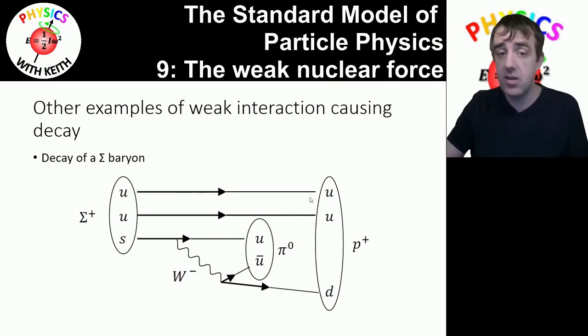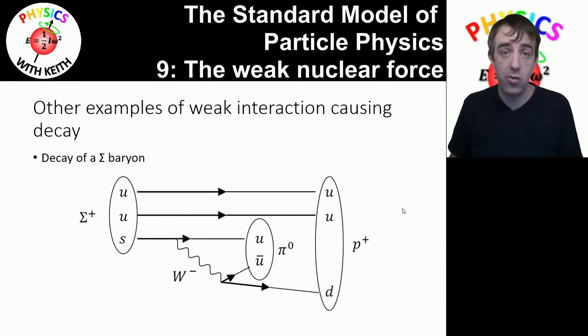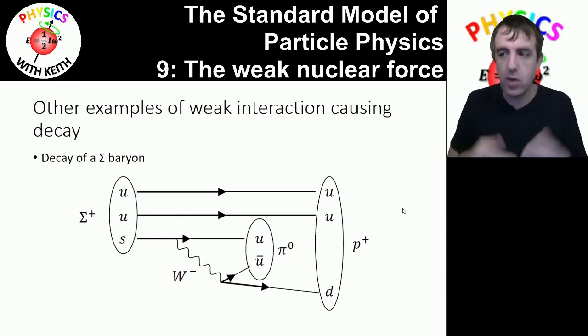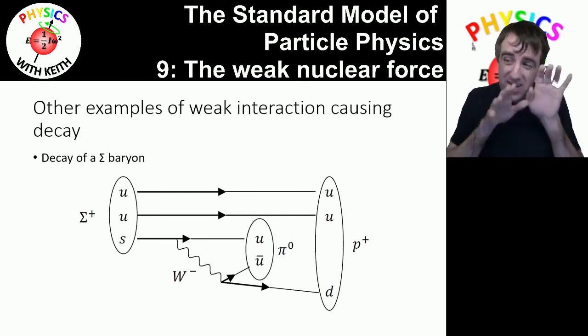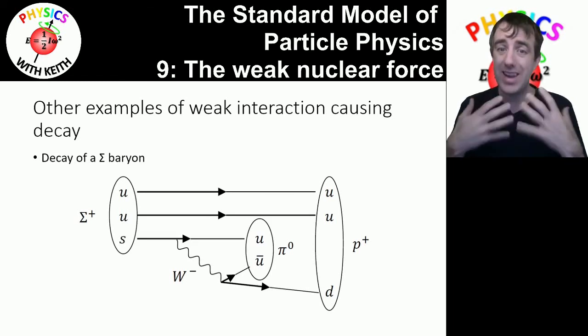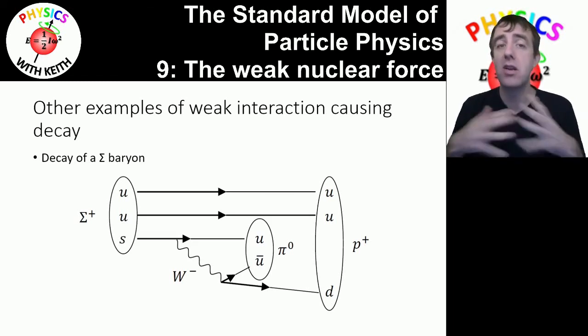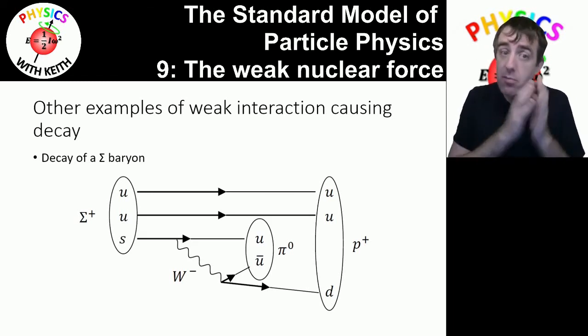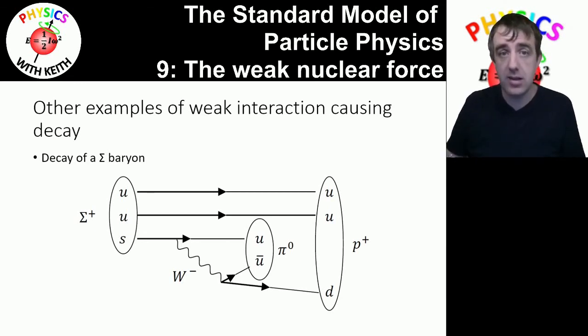Now, when it does this, the most stable configuration for those 5 quarks that are left over is an up and up and a down forming a proton, and an up and an anti-up forming a pion, a neutral pion, and that neutral pion will go on to decay further. But this isn't the only way that a Σ+ baryon can decay. A Σ+ baryon can decay in other ways as well, and there's a probability of those different decays.